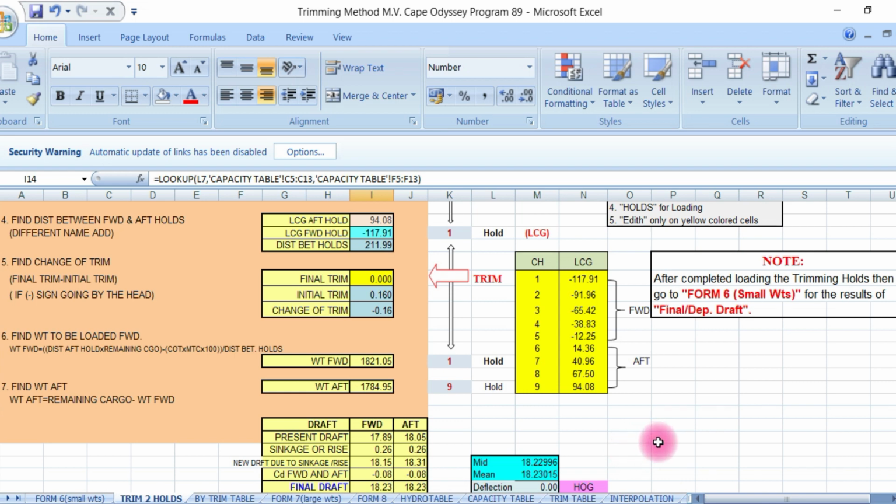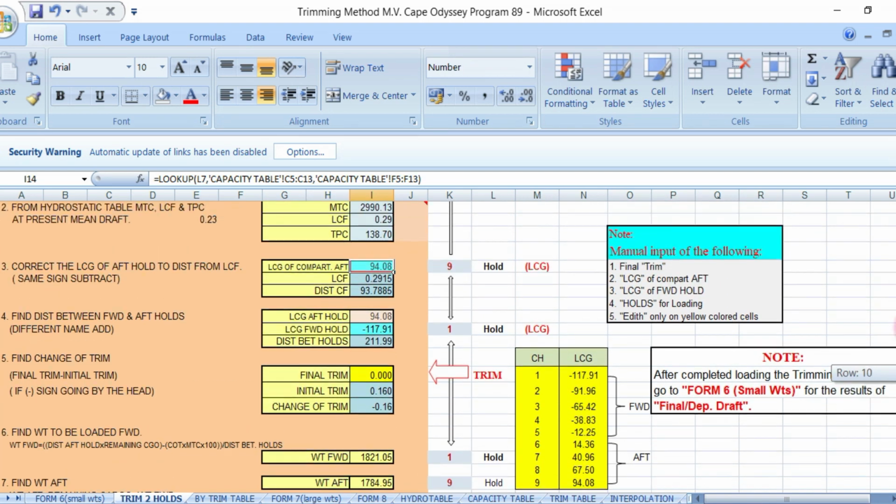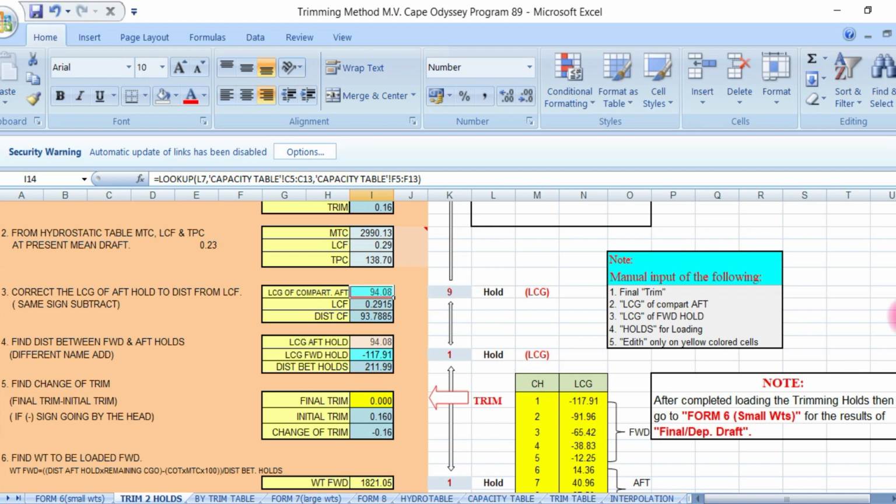If you came from Australia, let's say Dampier, and you will go to Gwangyang, you should have a trim of 20 centimeters or 0.20 meters. When you reach Gwangyang, you will have an even keel. So we will find out how much we will load in number one and number nine to have a 20 centimeters trim.